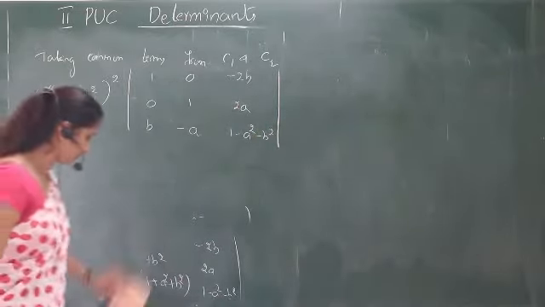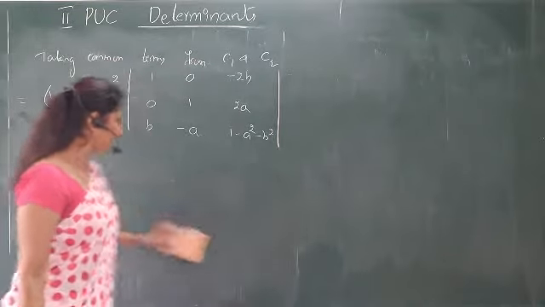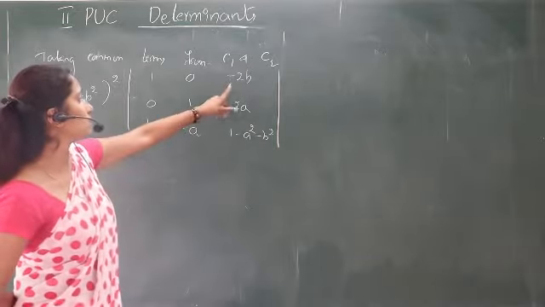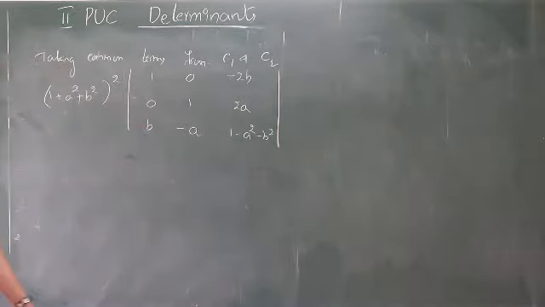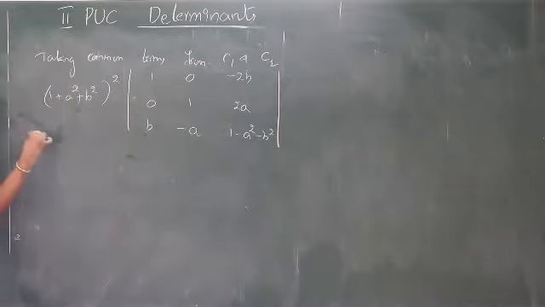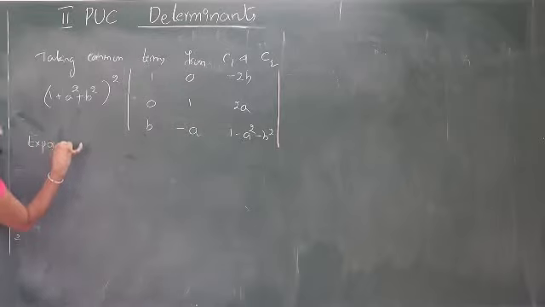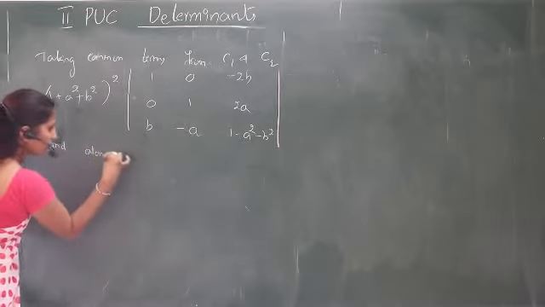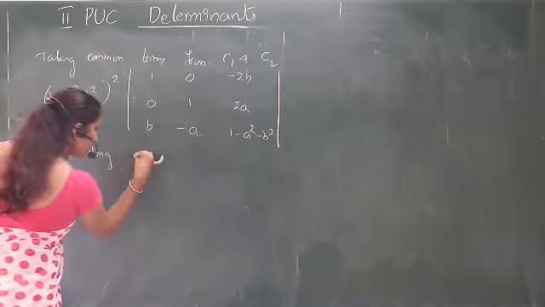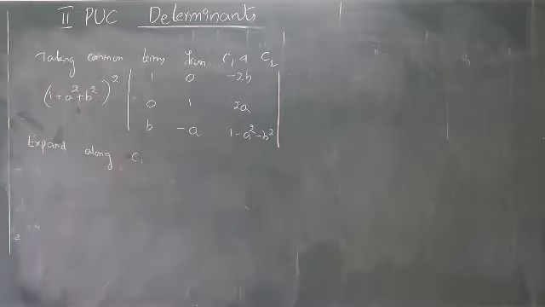Next, we can make these terms 0, or directly expand also, because already we have got 1 plus A square plus B square whole square. We have to get one more factor to make the whole cube. So expand along C1. If I expand along C1, what do we get?